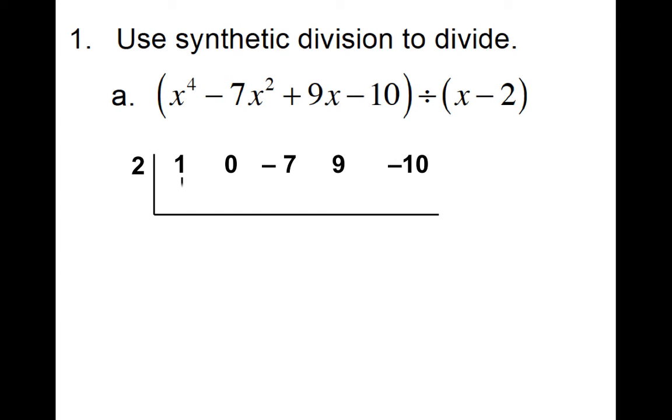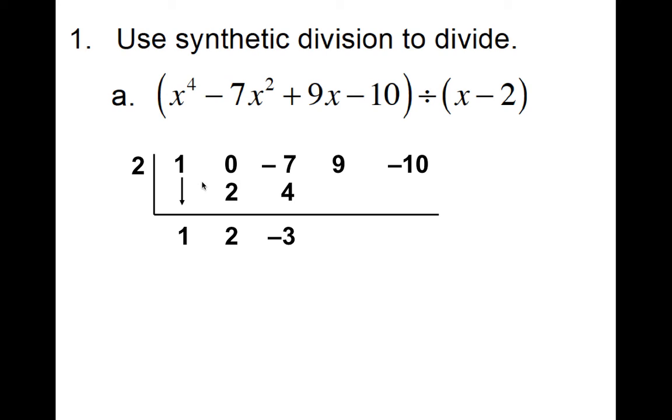You always start by dropping the first number, and then we multiply. So 2 times 1 is 2. Then the pattern is to add. 0 plus 2 is 2. Then we multiply again. 2 times 2 is 4. Then we add. Negative 7 plus 4 is negative 3.